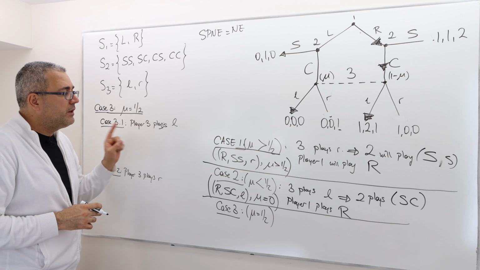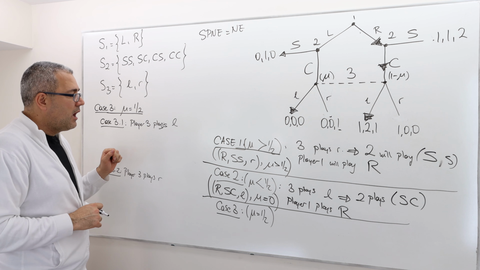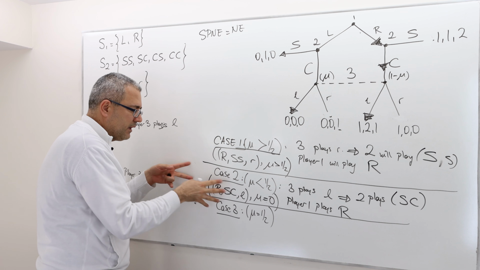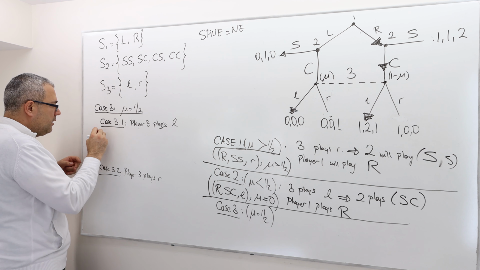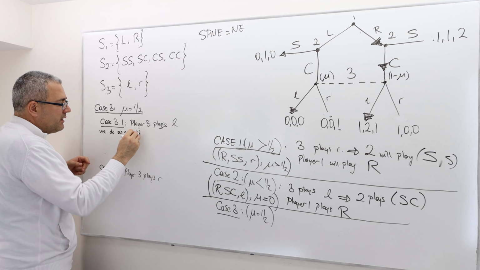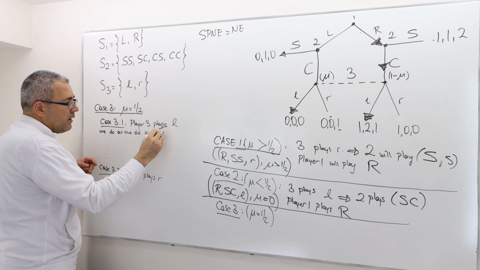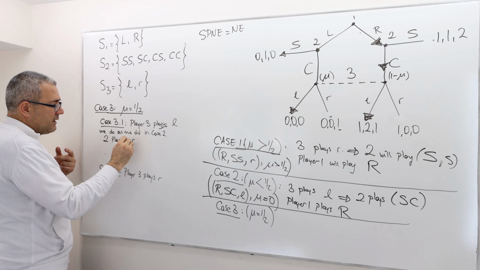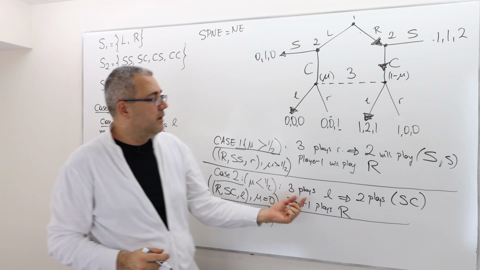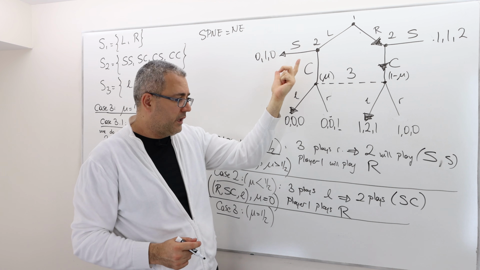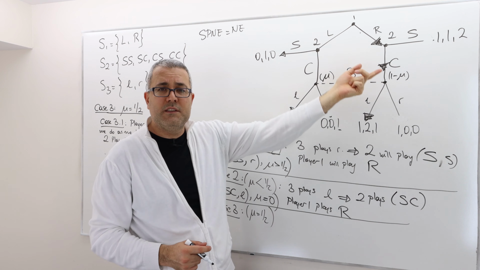Well, player 3 plays L. It's very similar to case 2. We do as we did in case 2, meaning 2 will play S and C. If player 3 is choosing left, the optimal strategy for player 2 is playing S here, playing C here.